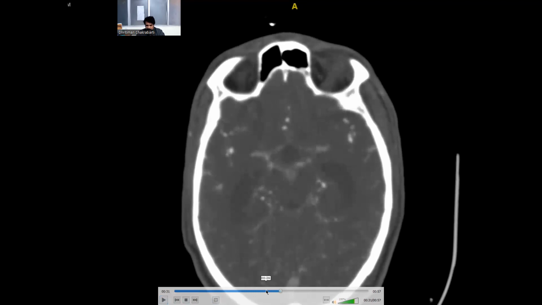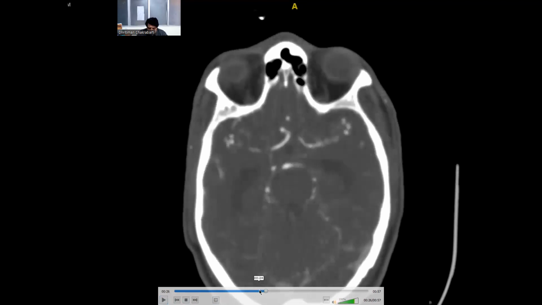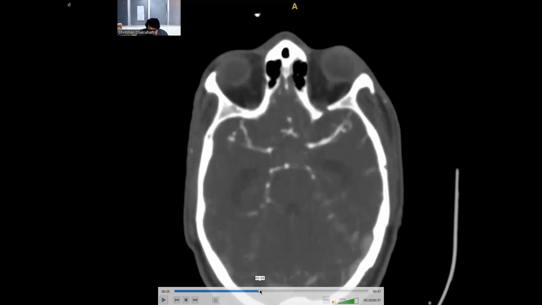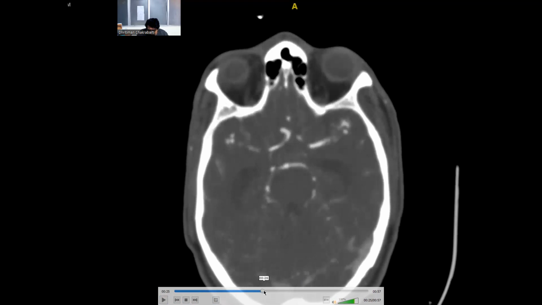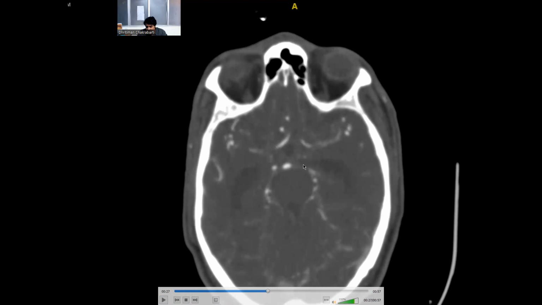On the other side, I'm not able to see this. This thin white streak, which is going in and out of view, is the PCOM of the other side. Remember that many times the PCOM is more of a potential artery than a real artery.